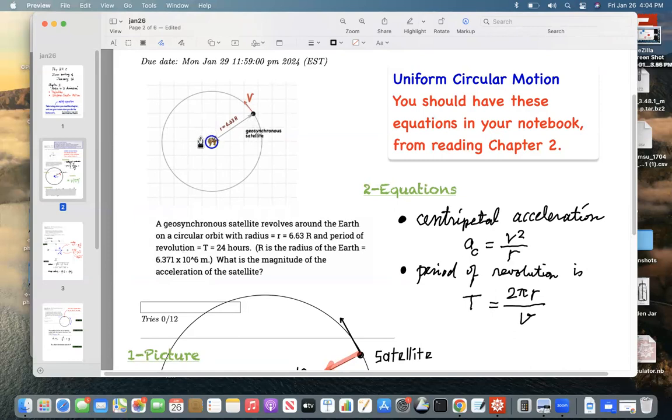So as the Earth rotates around its axis once every 24 hours, the satellite goes around the Earth in the same amount of time, once every 24 hours. So that means the satellite is always directly overhead for some point on the Earth's surface.